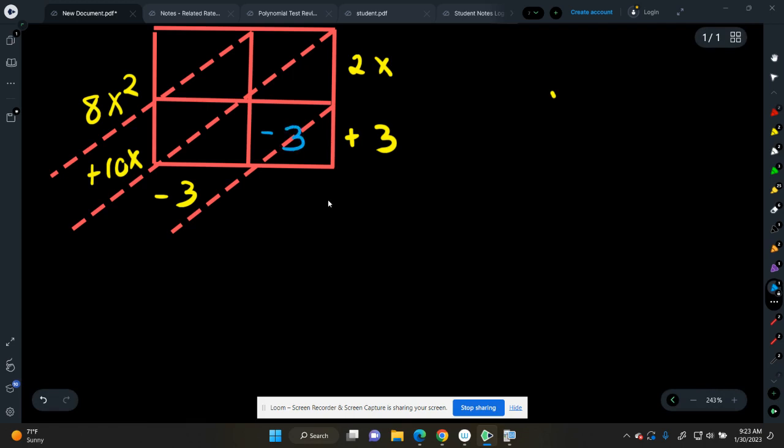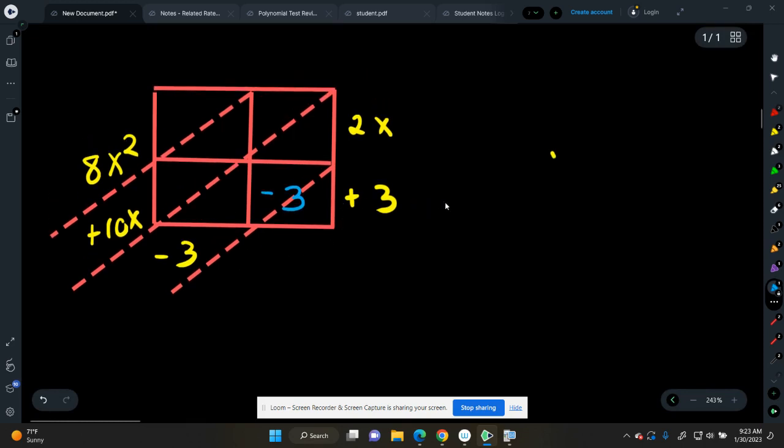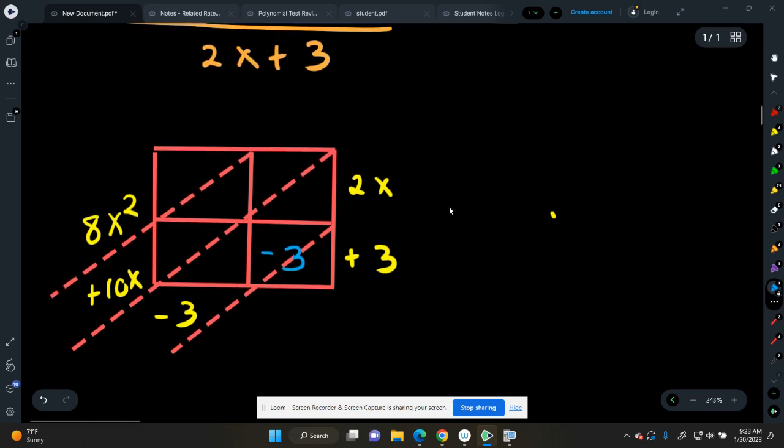Write it in your notes so that you know. Which 3? The blue one? It came from the diagonal. Whatever's right here on the diagonal, that's going to go in that corner. Every time. Ronnie, what goes in the top left corner?